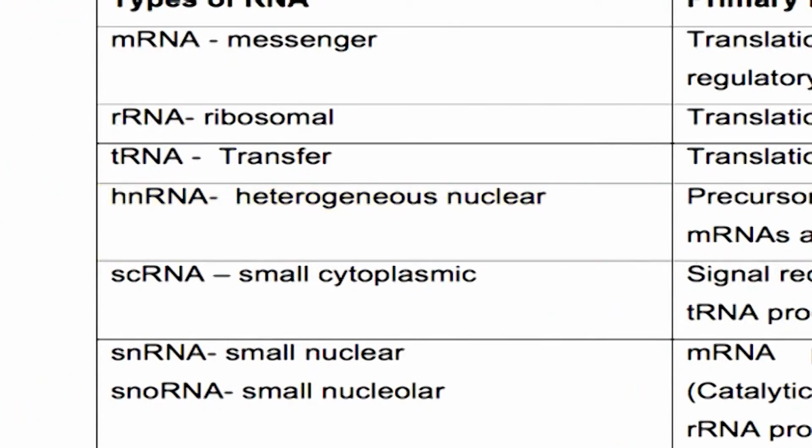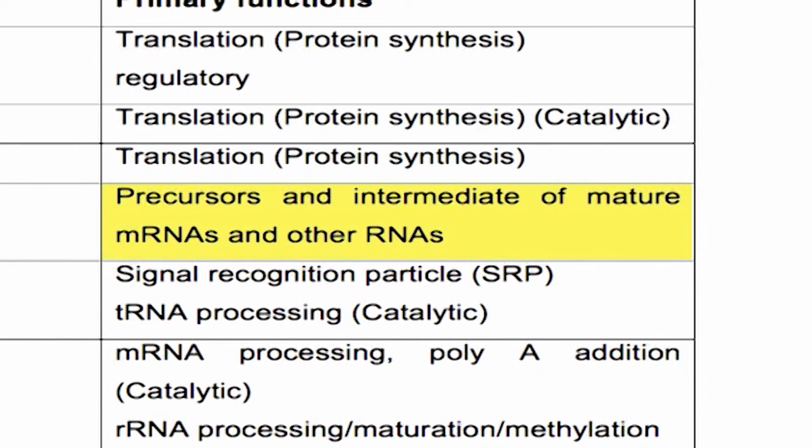Now, hnRNA or heterogeneous nuclear RNA, whose function is as precursors and intermediates of mature mRNAs and other RNAs.